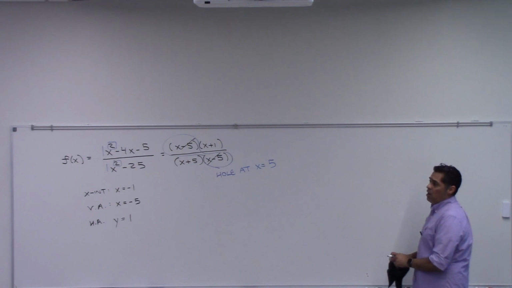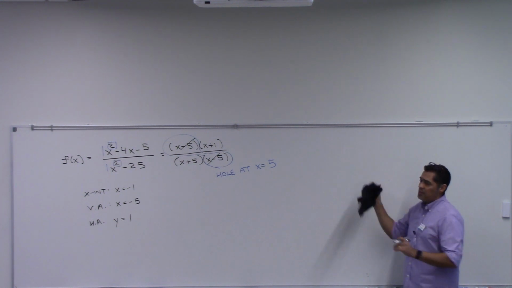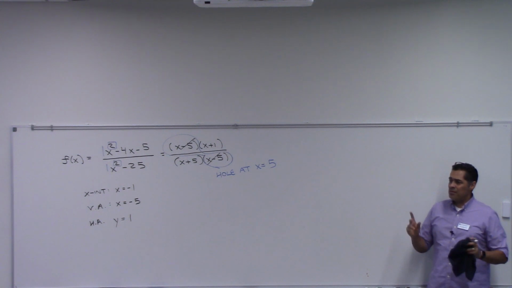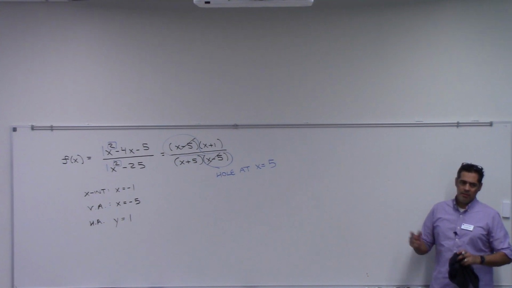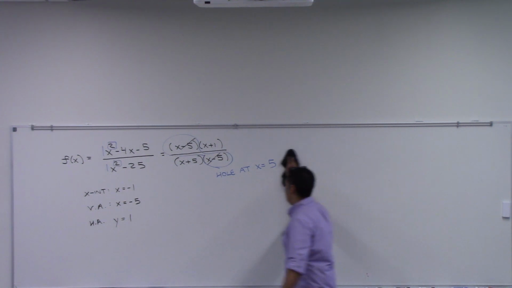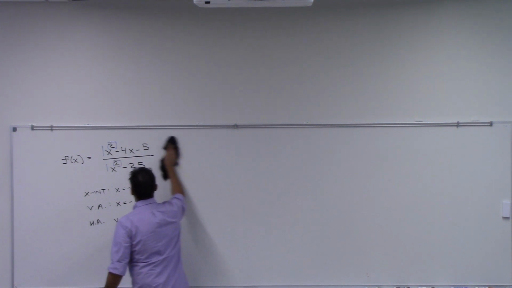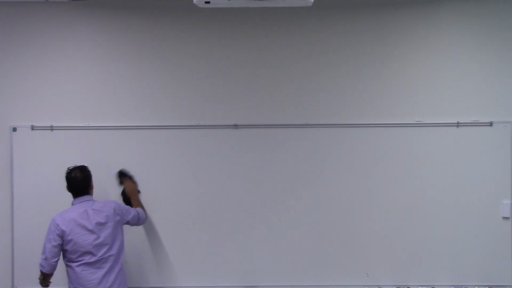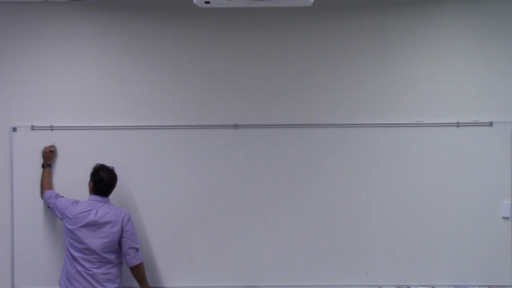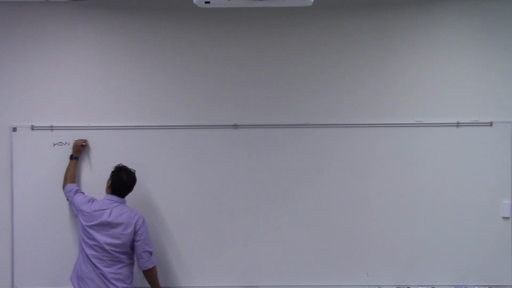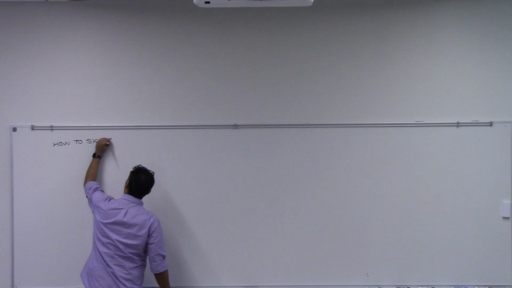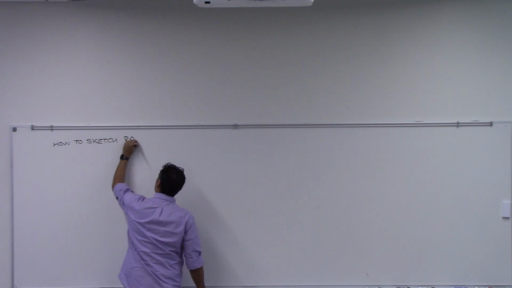This is going to be pretty long, so I think what I'll do is put all the steps up here, and then if you want, you can take a picture of it or something, and then you can refer to it, all right? Or just copy down what I put up here. All right, how to sketch rational functions.